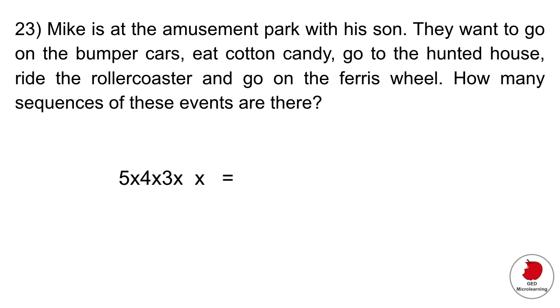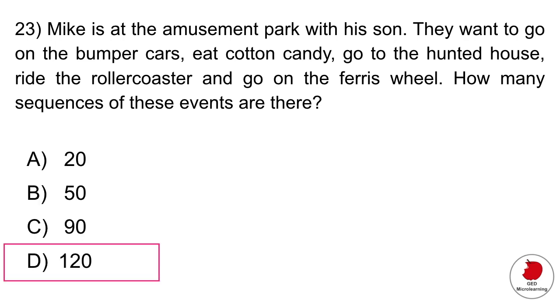So now they've gone to the bumper cars, they've eaten cotton candy, they've gone to the haunted house. Now they have 2 events left. So you multiply by 2. And then finally they have 1 event left. Okay, so if you multiply all these numbers, it gives you the number of sequences of events. So it's 120, which is answer D.